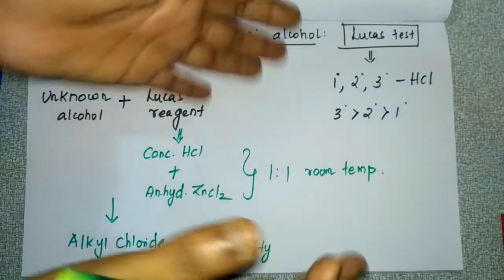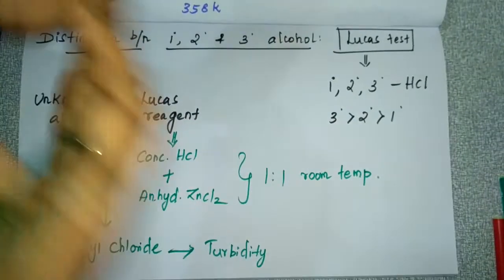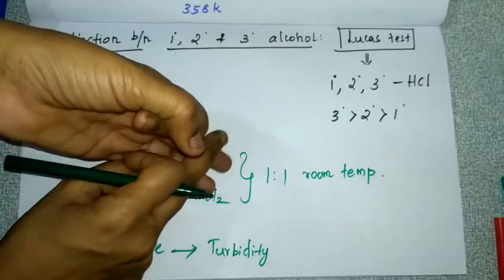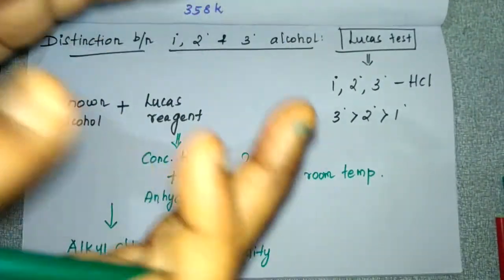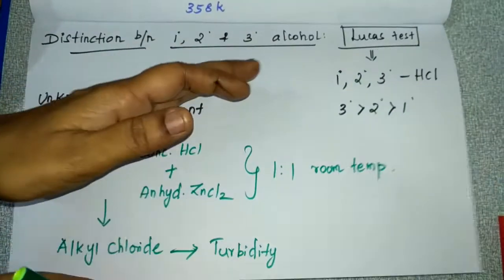But this turbidity will be different for the three alcohols. Primary alcohol will be different, secondary alcohol will be different, tertiary alcohol will be different. From this only you can identify what type of alcohol it is.